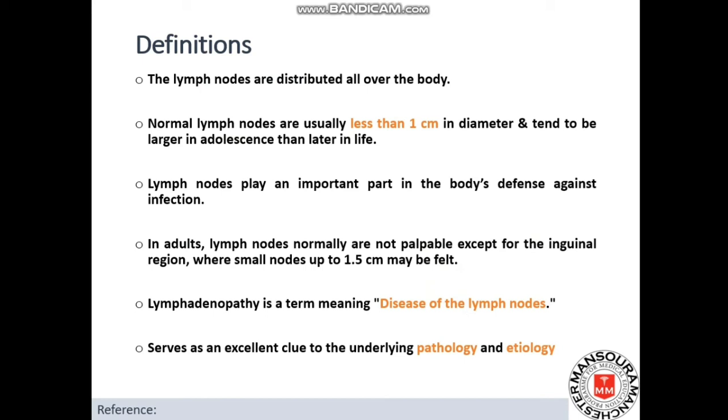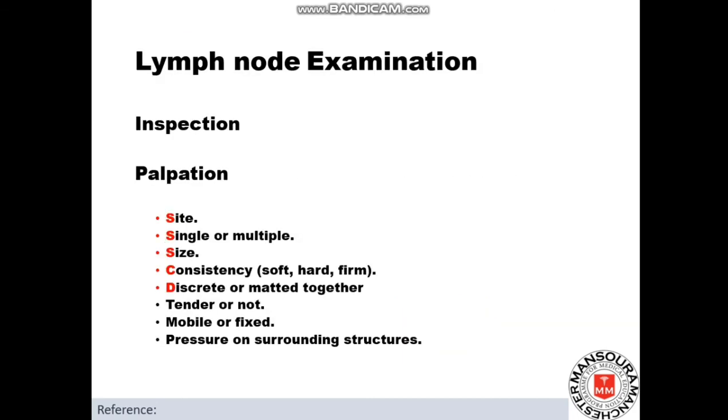Lymphadenopathy is a term meaning disease of the lymph node, either in enlargement in size or in consistency, and serves as an excellent clue to the underlying pathology and etiology. How about lymph node examination, inspection, and palpation?